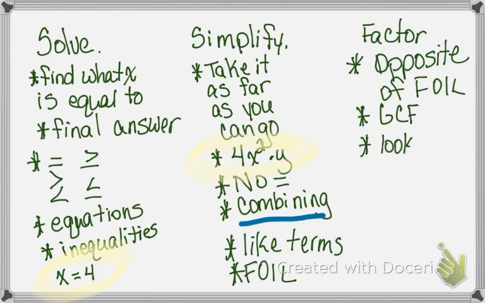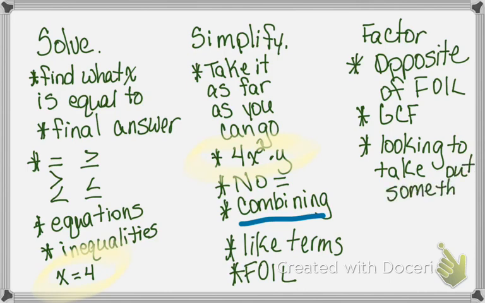Looking to take out something. Okay? I like that. Looking to take out something. Now, we are going to use the properties of FOIL, just like Shay said. We're going to use the properties of greatest common factor, but we are working backwards. We are doing the opposite of simplify.